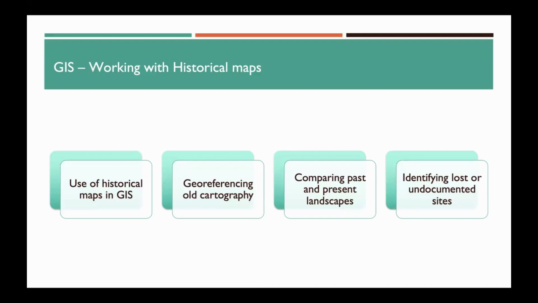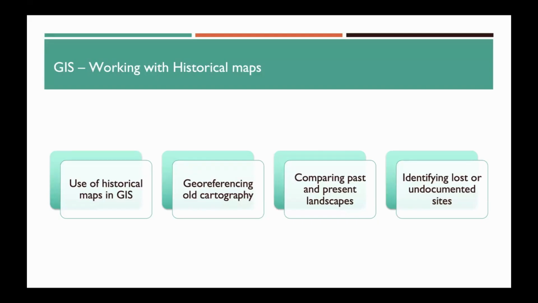The primary purpose was often administrative or military or economic, but despite this, they remain highly valuable for archaeology because they often record landscapes and features that have since disappeared or changed.